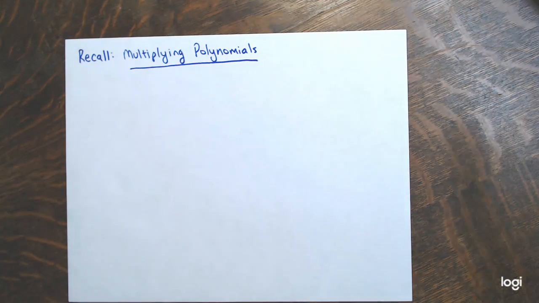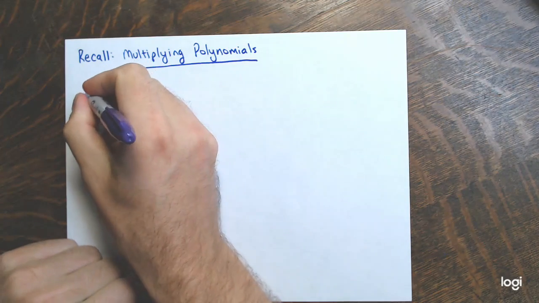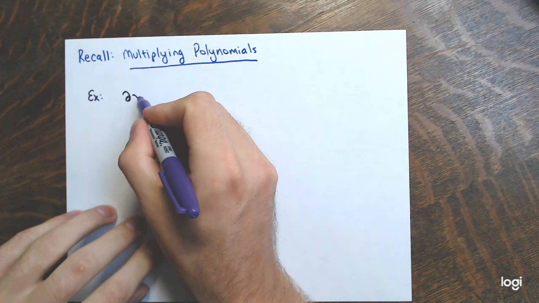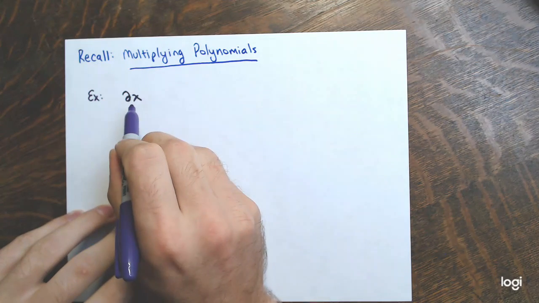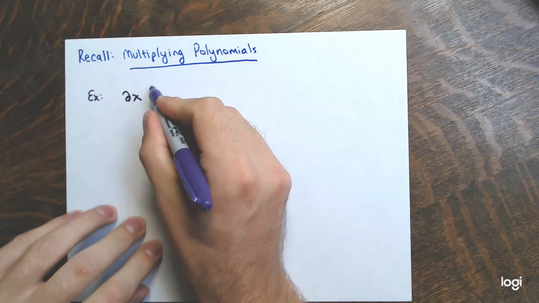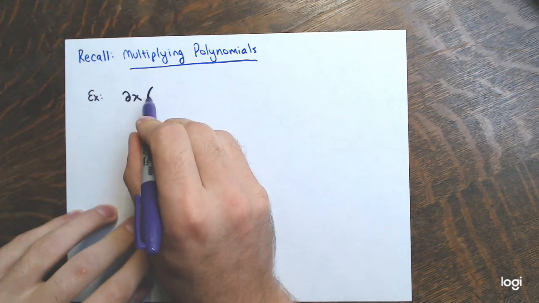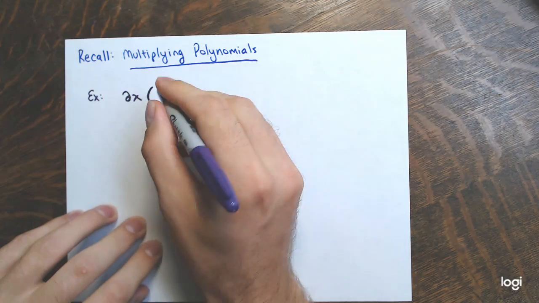So for example, remember when I multiplied, let's do a couple of these, if I had a monomial like 2x, so a polynomial with one term, and I was multiplying that, right? Notice the no plus or minus here. It's implied to be, they're touching, it's multiplication.